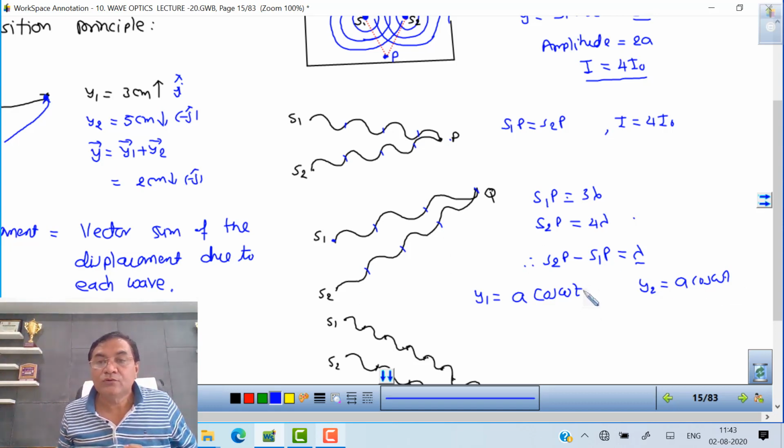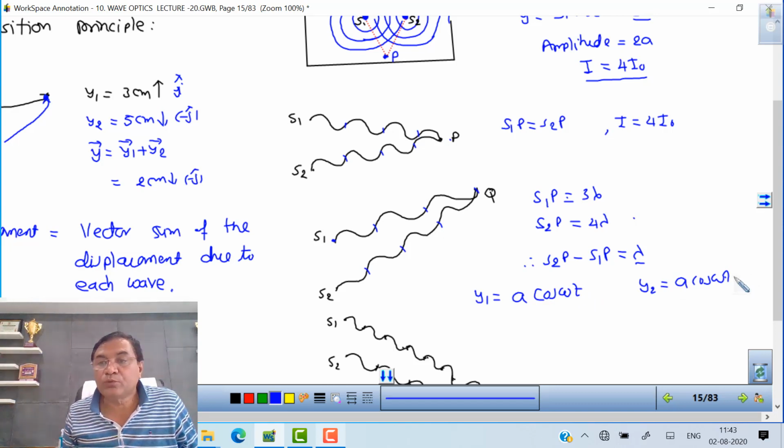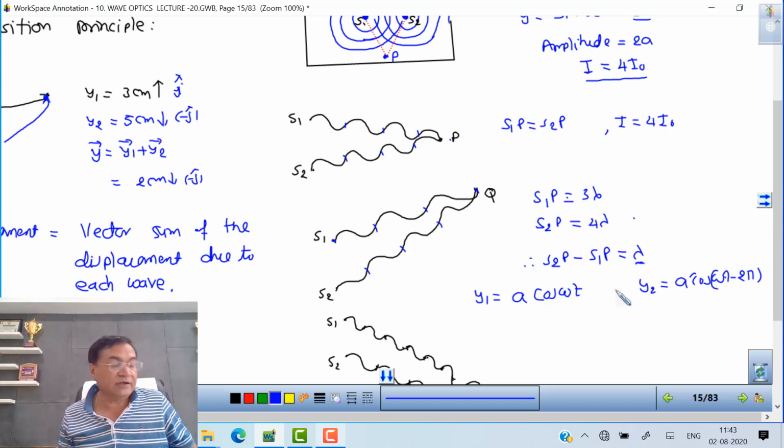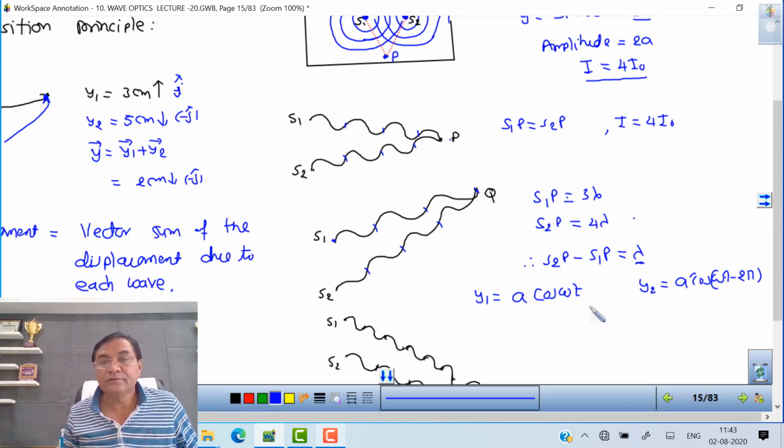So I can add 2 pi here or I can subtract 2 pi here, meaning is same. And if I say A cos omega t here, then I have to add 2 pi because distance is lambda. In the text it is given 2 lambdas, they have written 4 pi. So don't worry, you can take anyone.